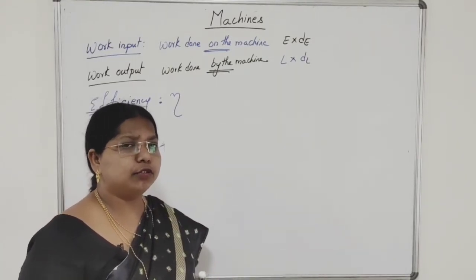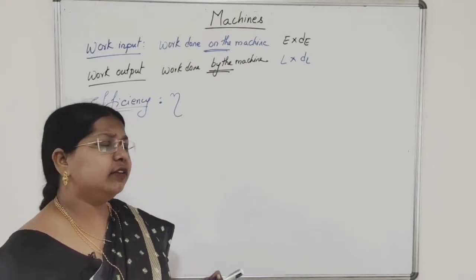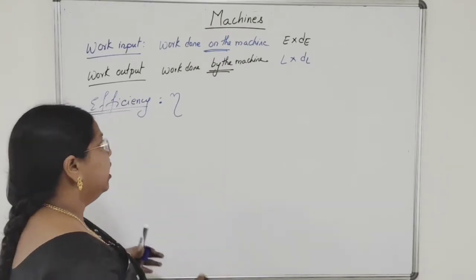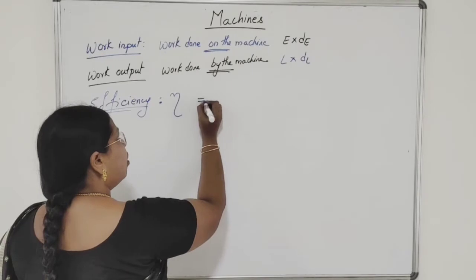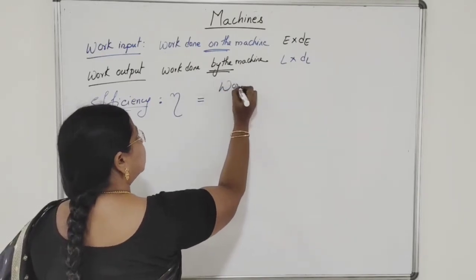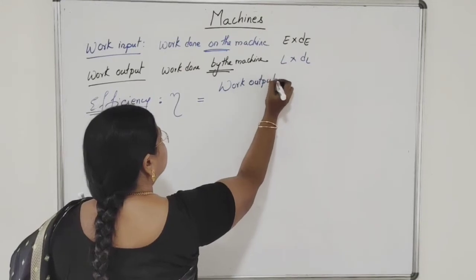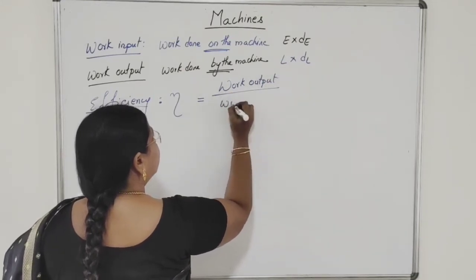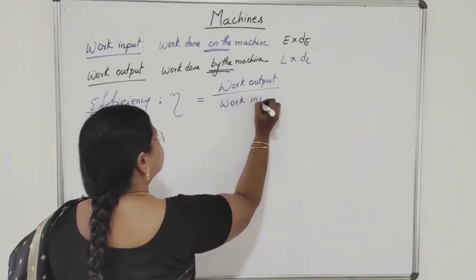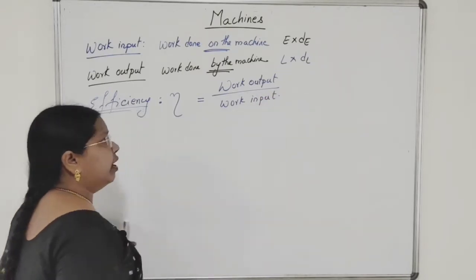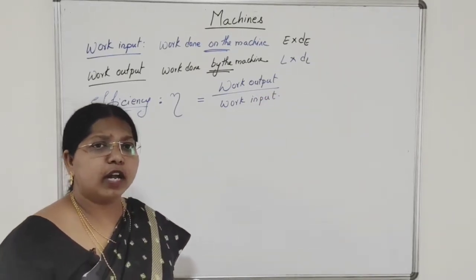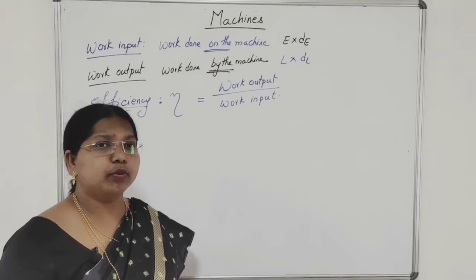What is the definition of efficiency? Again, from the formula we can define it. Efficiency is the ratio of work output by work input.